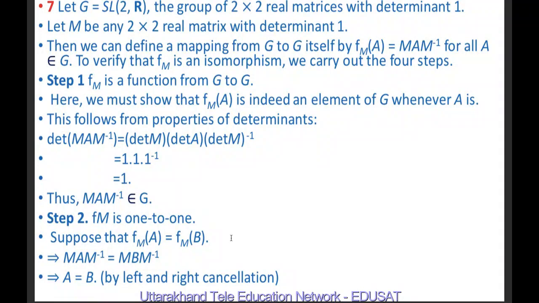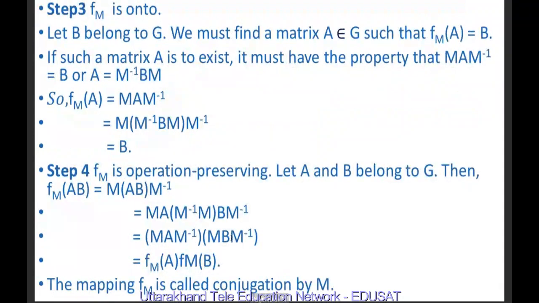Now we will show that it is onto. Let B belong to G. Then we must find a matrix A belonging to G such that FM(A) equal to B. If such a matrix A exists, it must have the property that MAM inverse is equal to B. Or we can say that A is equal to M inverse BM.